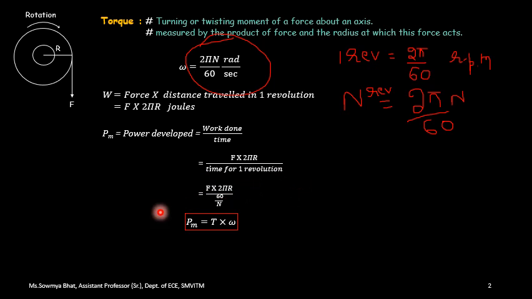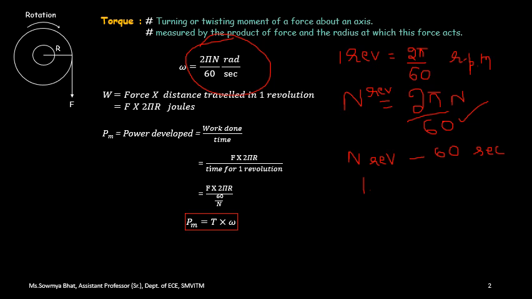How are we getting this 60 by n? If I want to express it in general, for n revolutions it requires 60 seconds, right? So from this expression we came to know that for n revolutions it requires 60 seconds.